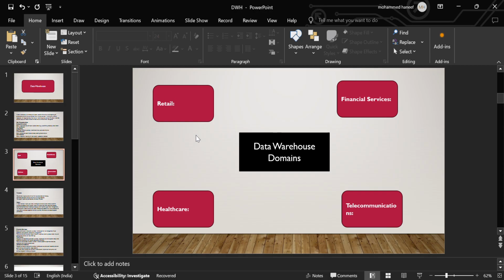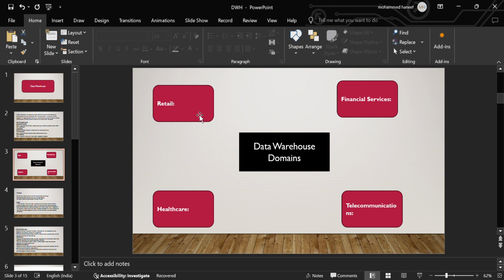Here, if you see, in the data warehouse domain we have a retail domain, a financial service domain, a healthcare domain, and a telecommunications domain. Like this, in the data warehousing environment we have defined four types of domains: retail, financial, healthcare, and telecommunications.